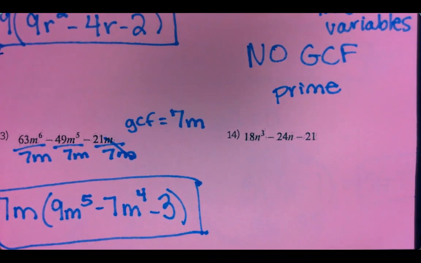I want you to go ahead and find your GCF of 18, 24, and 21. Don't say it out loud.